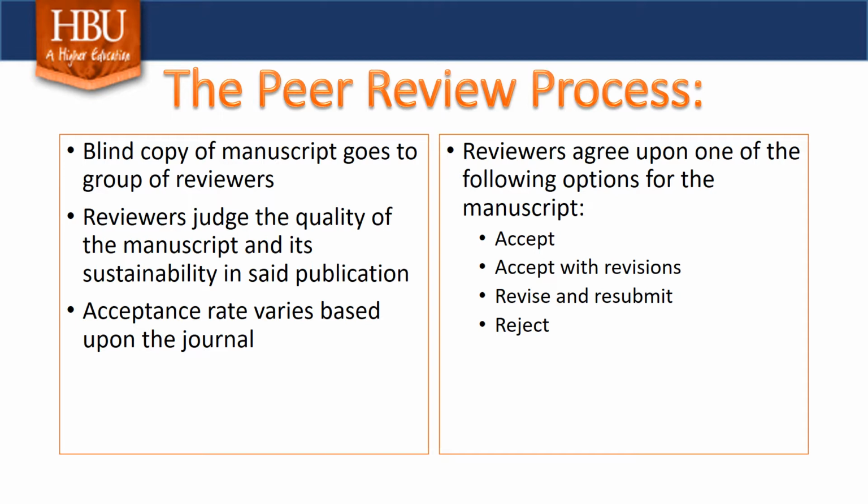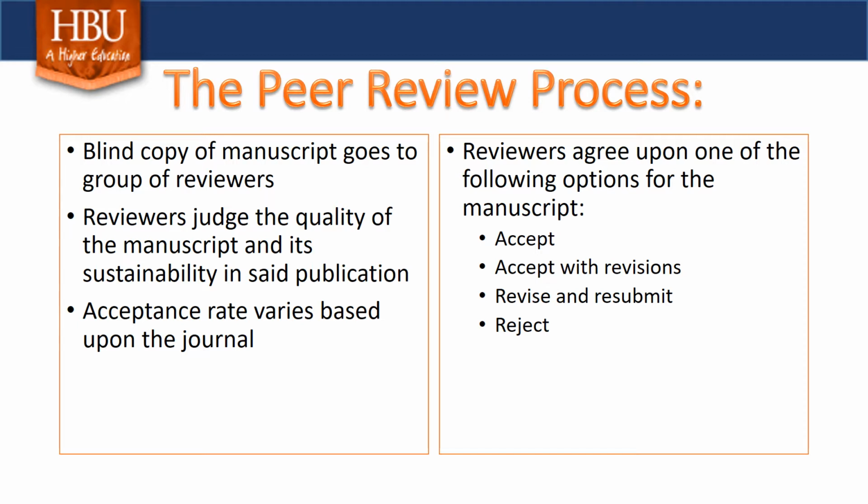Then, judges are to review the quality of the manuscript as well as its sustainability in the publication. That is, if we refer back to our example of the Journal of Sports Sociology, the experts in the field or those journal editors will review the quality of the manuscript, but they also want to determine whether the manuscript falls in line with the journal, the goals and values of it.